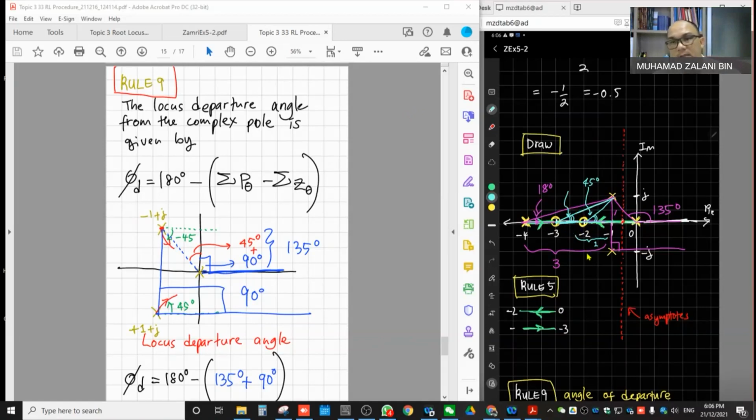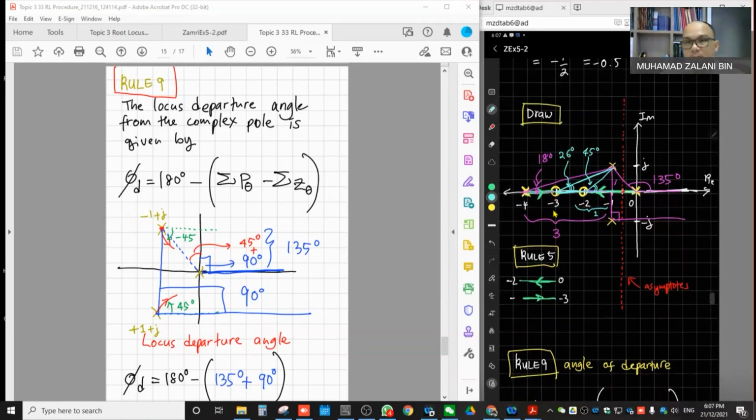We can determine it using arc tangent of 1 over 2, right? 3 minus 1 is 2. Just use your calculator. Tangent inverse of 0.5 gives the angle of 26.6. So this is about 26.6.